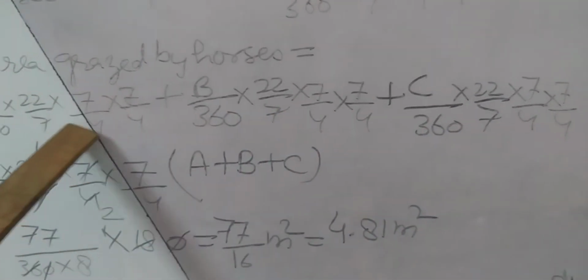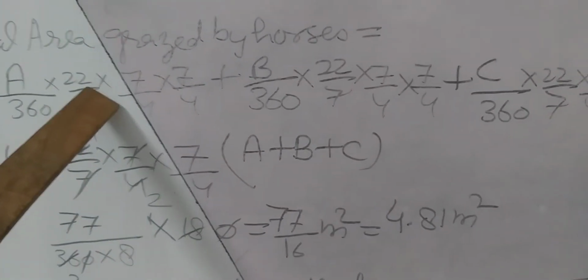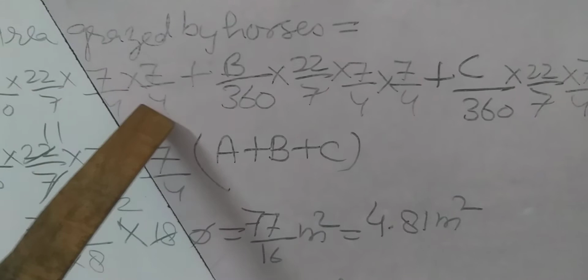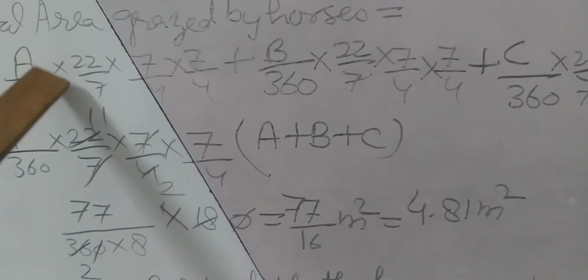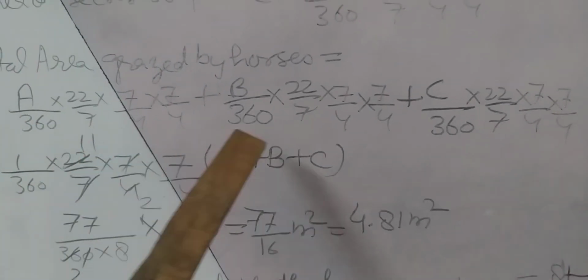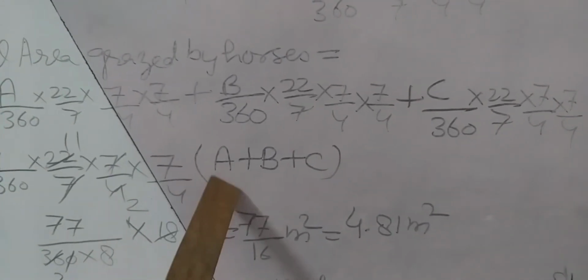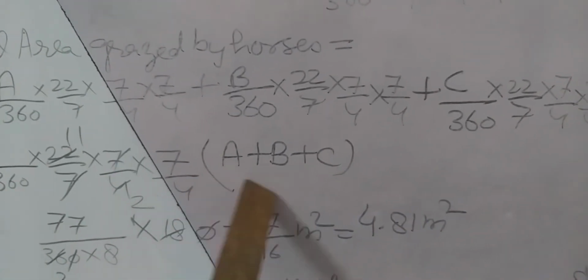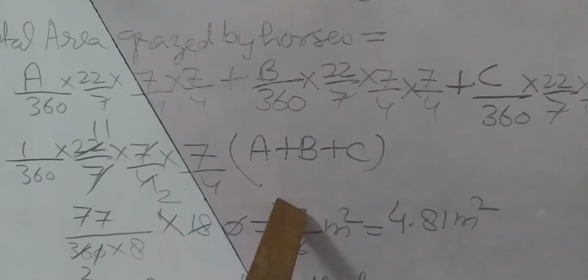Now student, we can take common. What is the common? 22/7 into 7/4 into 7/4 is common, and 1/360 is also common. What is left here? A, here B and here C. So A, B, C are the angles of the triangle. At this place we can write 180.